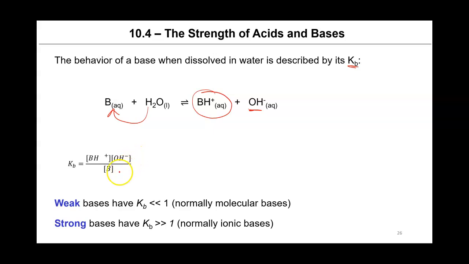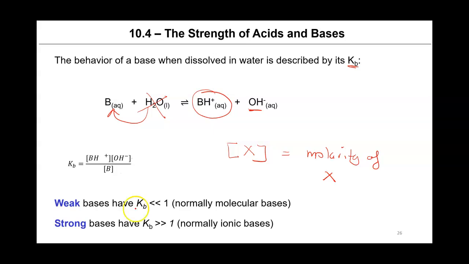We're going to do products over reactants, but we're going to be leaving out the term for the water. Now just remember that when we write the formula of something inside square brackets like that, what we're really saying is the molarity or the concentration of whatever is in the square brackets.